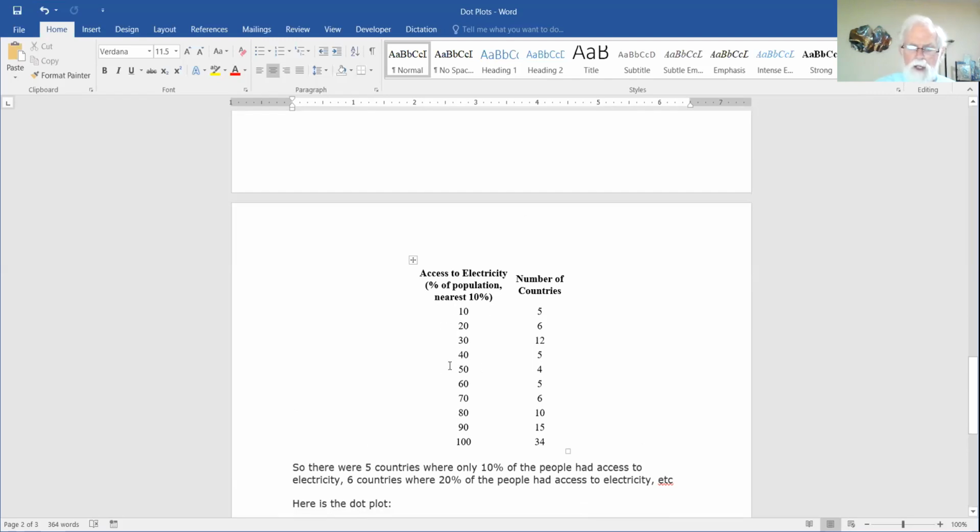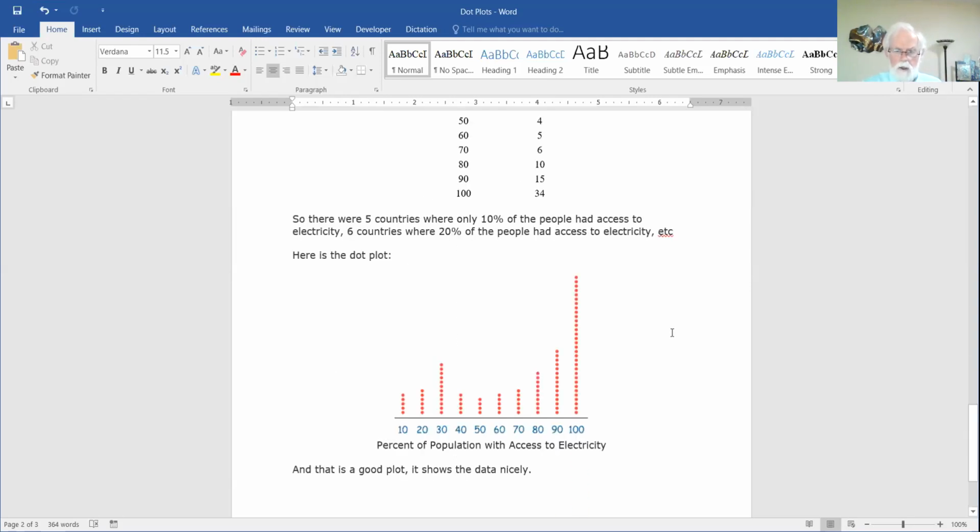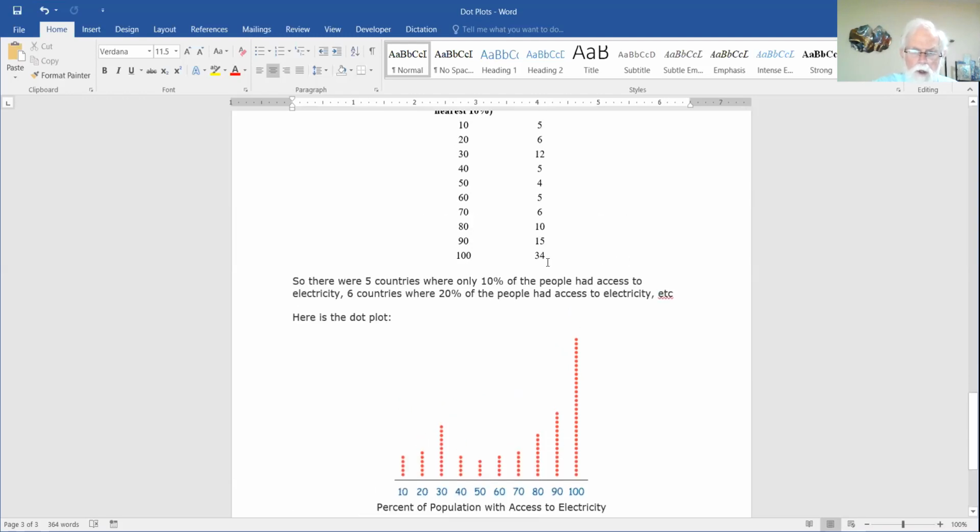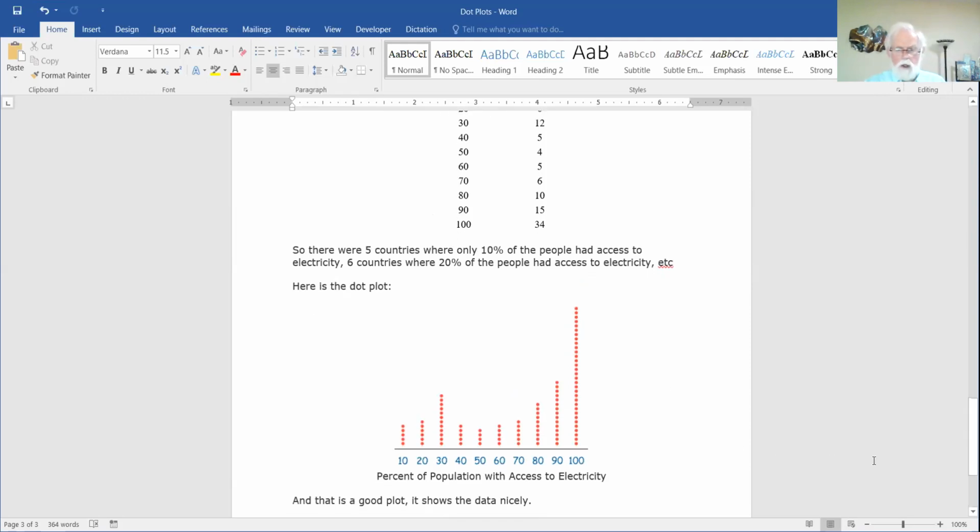Now we have 10 different basically ranges, categories of these, and we can take a look at this dot plot, and it shows the data, but it's pretty cumbersome to count this, right? We know from our data table that this is 34 dots, but if you're looking at this, what you're saying is how many is that?